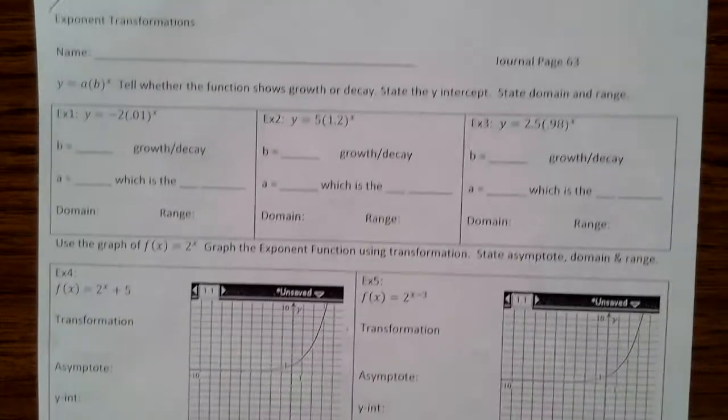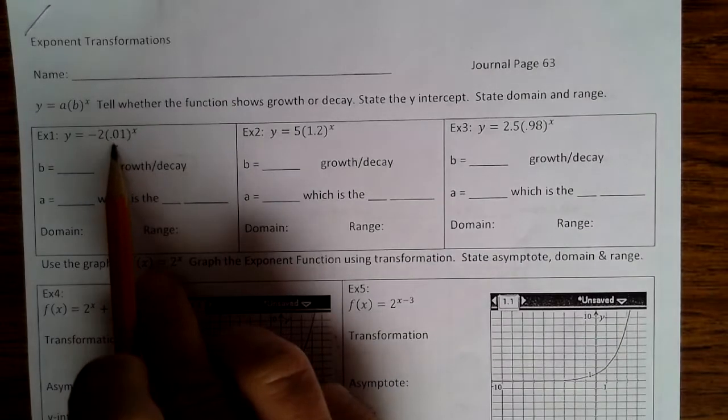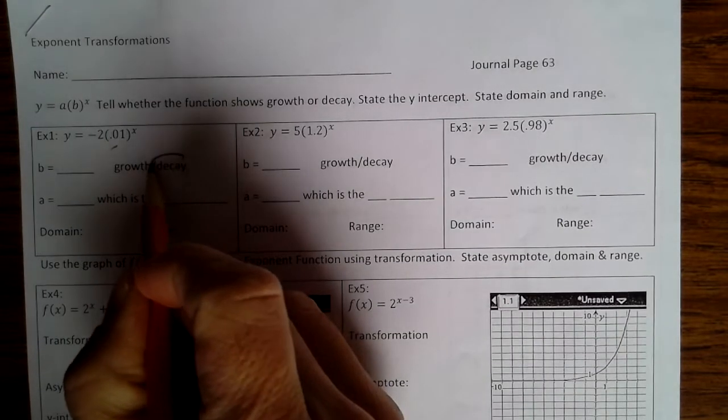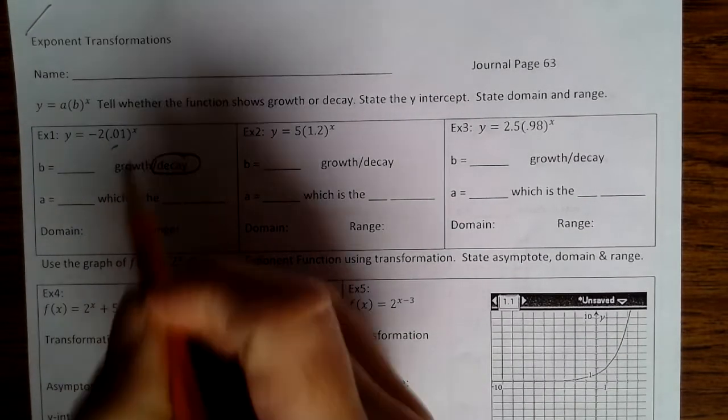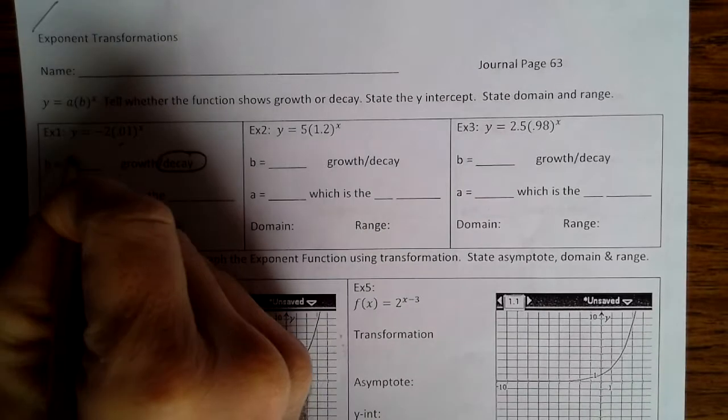All right, exponent transformations, journal page 63. y = a · b^x. Tell whether the function shows growth or decay. State the y-intercept, and state the domain and range. All right, if the number inside the parentheses is less than 1, it is decay. The b value is the number inside the parentheses, so 0.01.